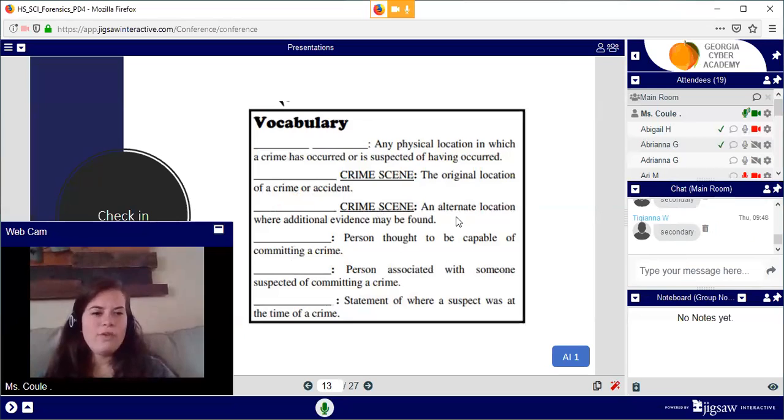Let's say, for example, that a bad guy robs a bank, okay? And he robs the bank and then he takes that money and he puts it in a locker at a train station, all right? What would be the primary crime scene? Yep, that's exactly right, Tyler. The bank is the primary. And then what is the secondary crime scene?